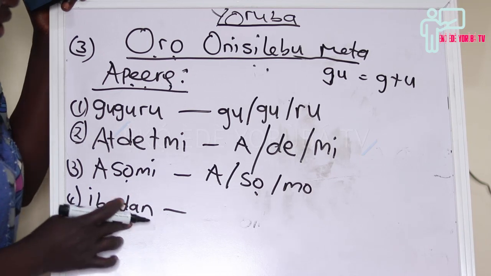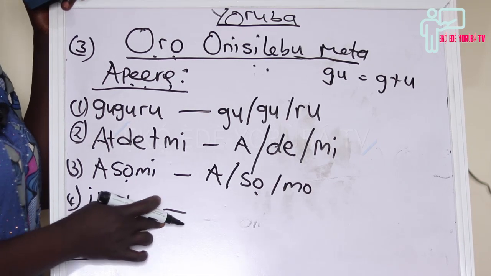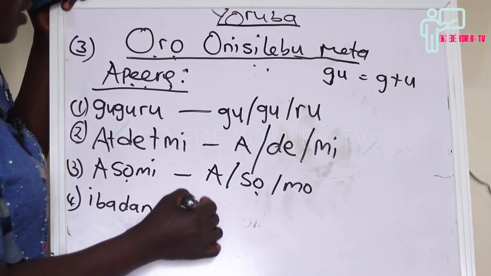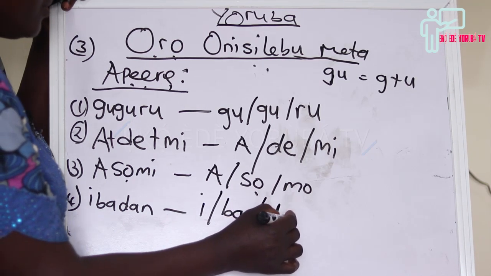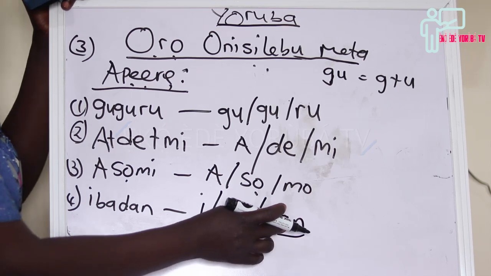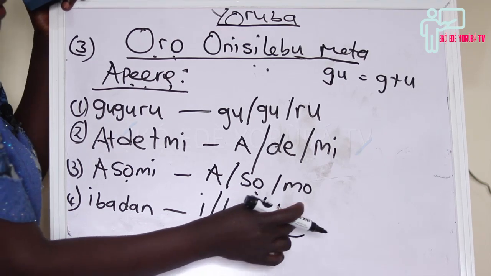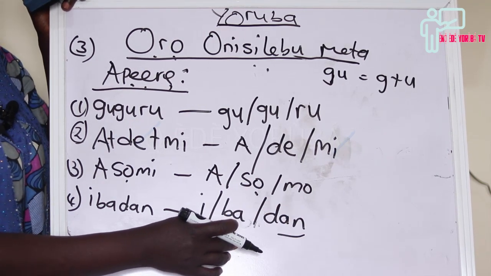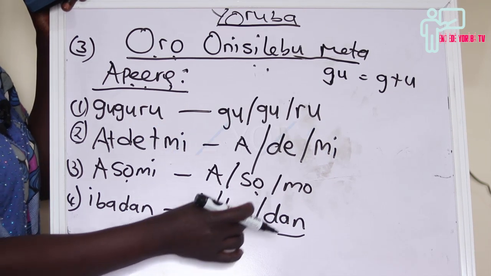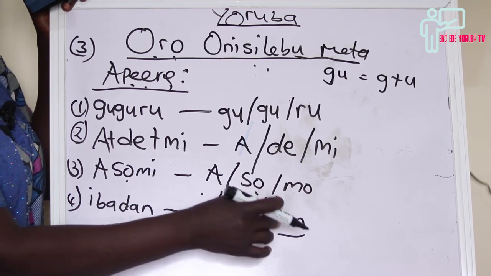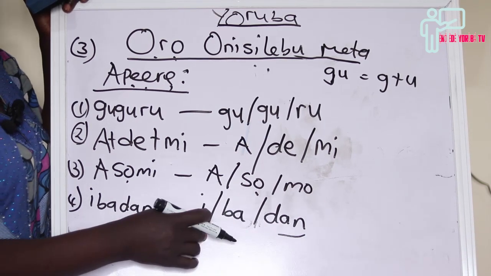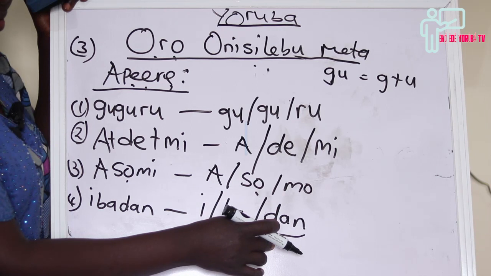Like this one now is Faweli Aranmupe. Ìbàdàn. This one is Faweli Aranmupe. This one is a town in Nigeria here. Ìbàdàn.